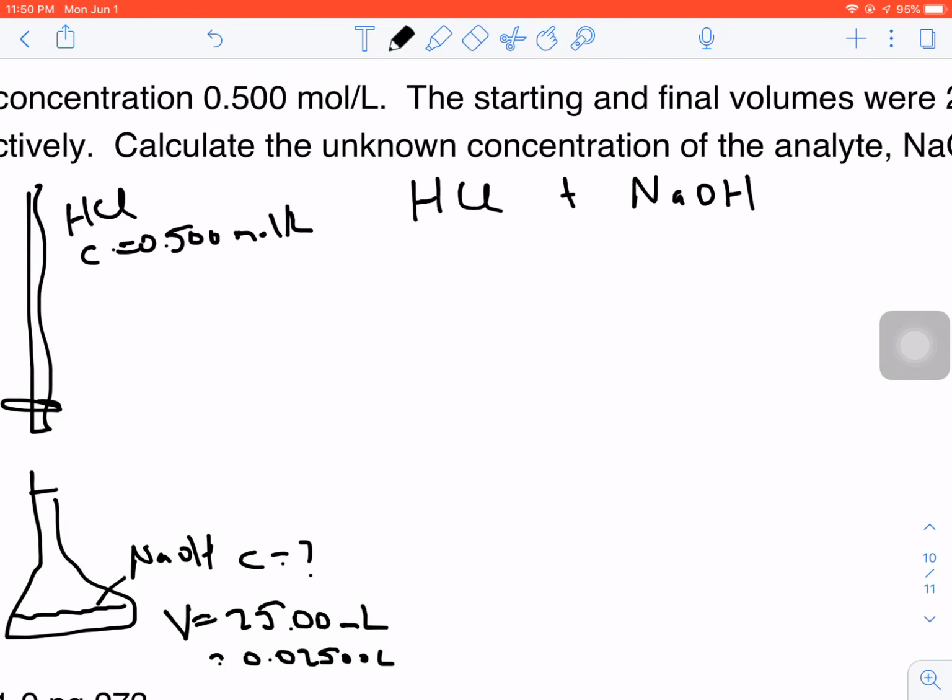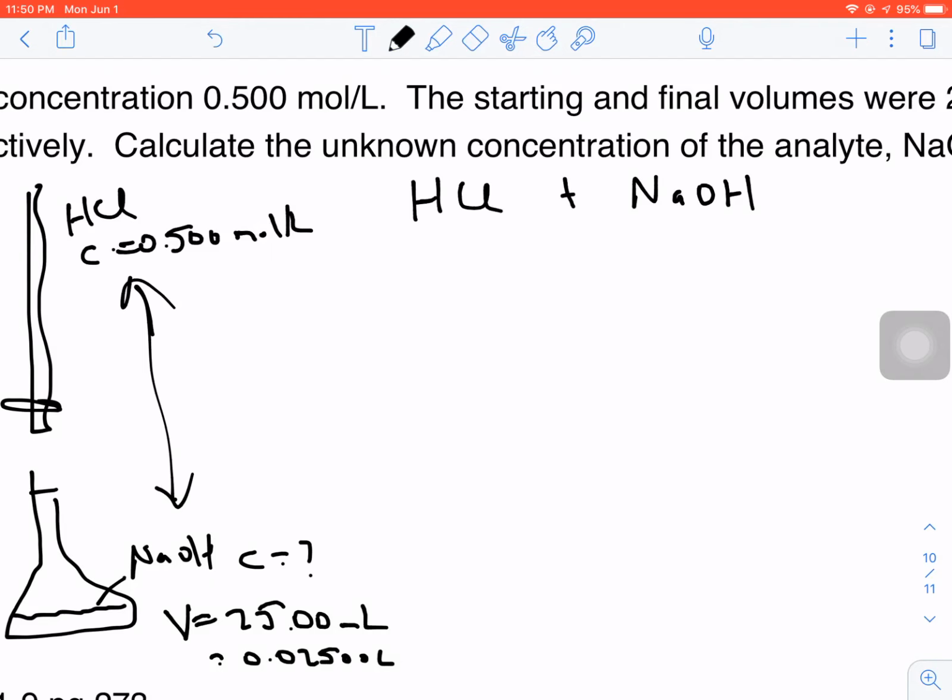When the pink goes away, I know there's no base left because I have reacted it. If I add any more acid, it will make the solution acidic because all the base has been consumed, and now it will turn colorless. So either way, I can have either sodium hydroxide or HCl in either the titrant or analyte, and it will work.